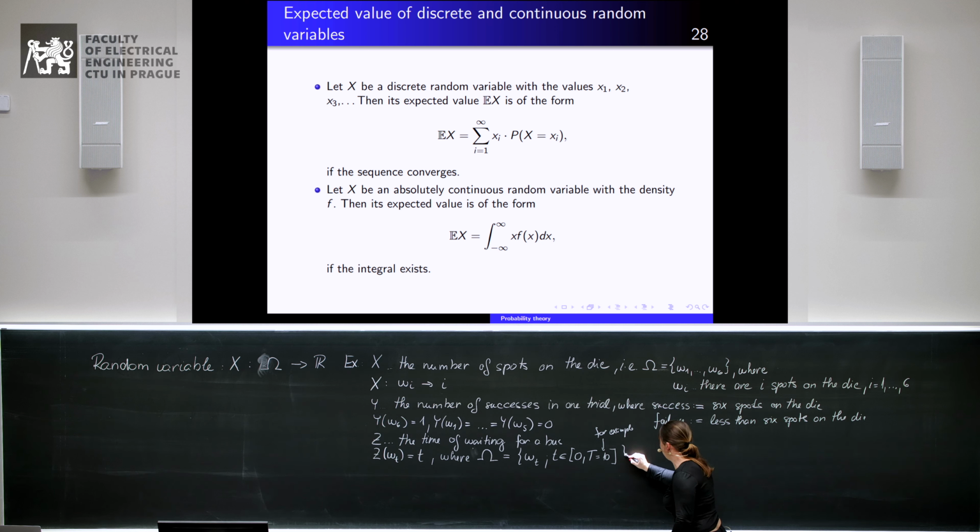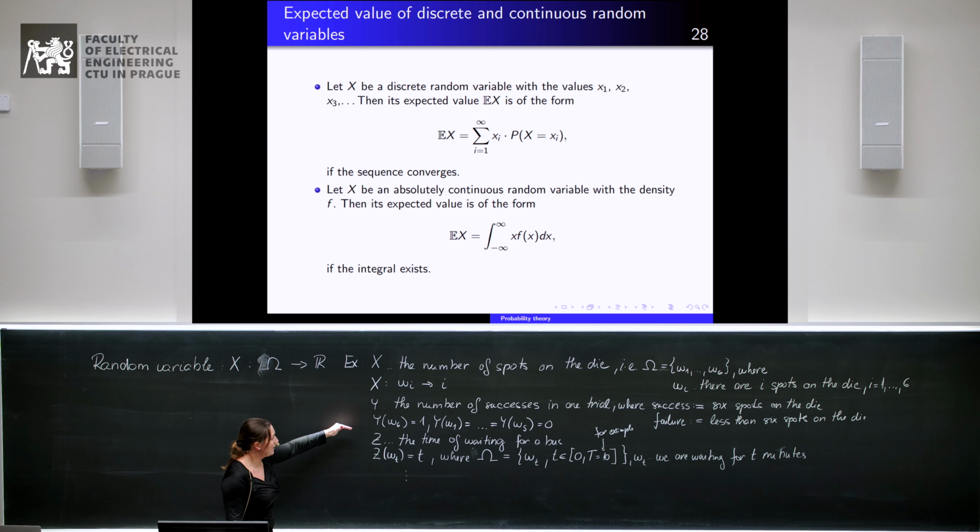And each omega t means we are waiting for t minutes. So here we have 3 examples from last week. We can have, of course, much more random variables.